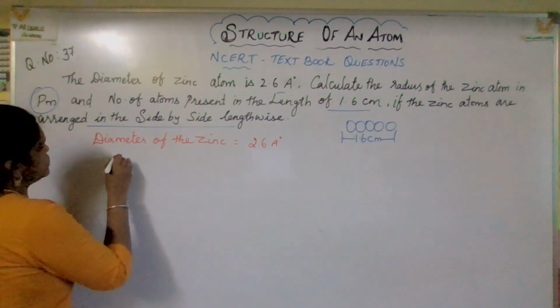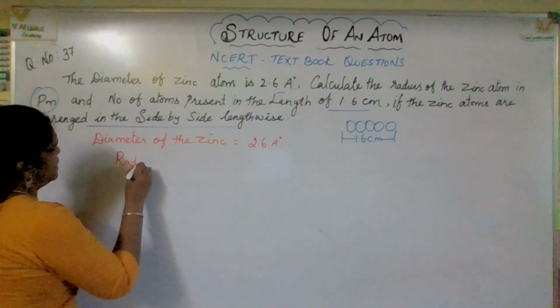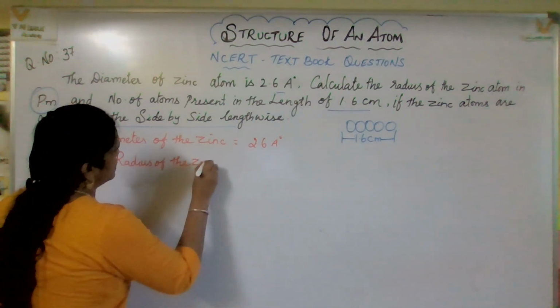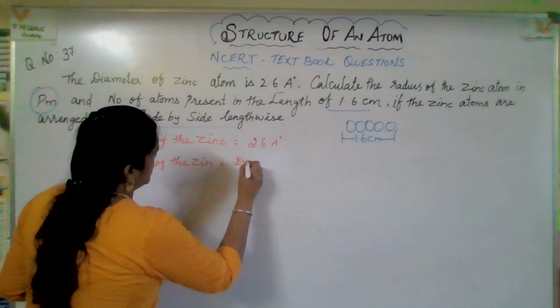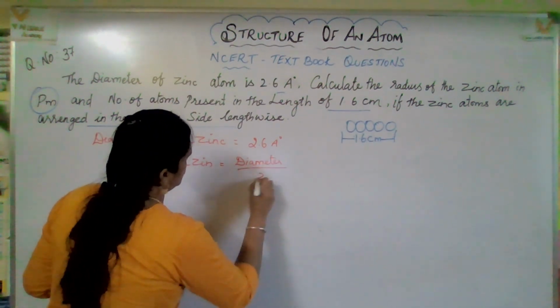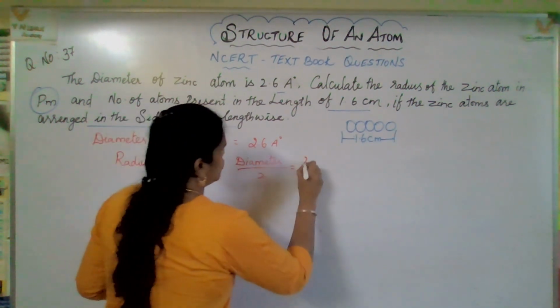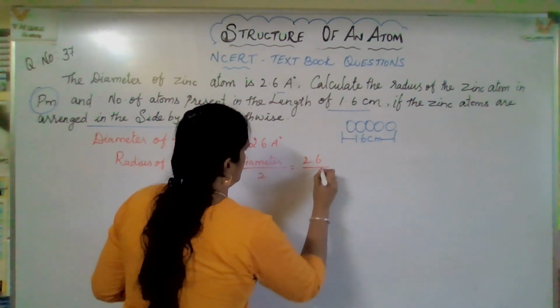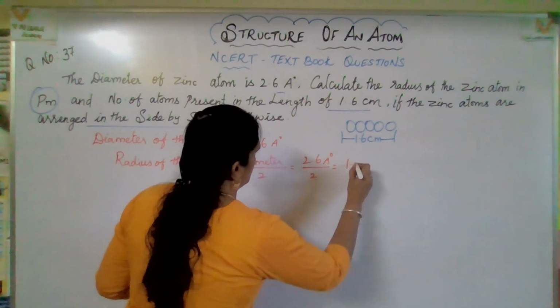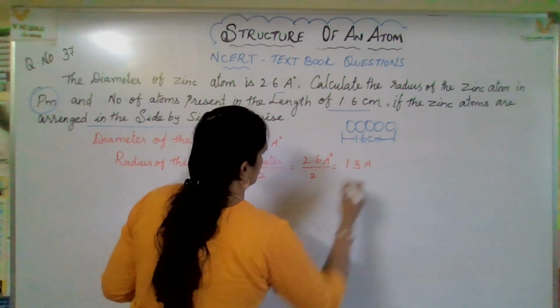So radius of the zinc is diameter by 2. So you will get 2.6 Angstrom divided by 2, which is 1.3 Angstrom.